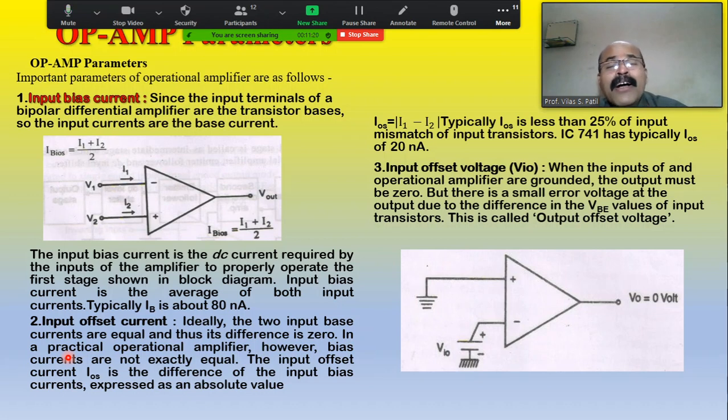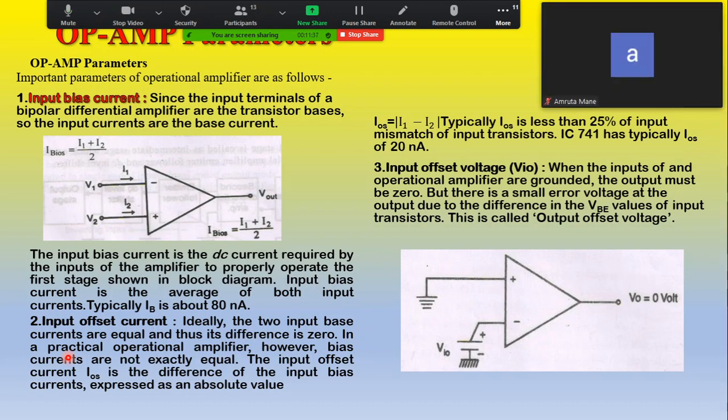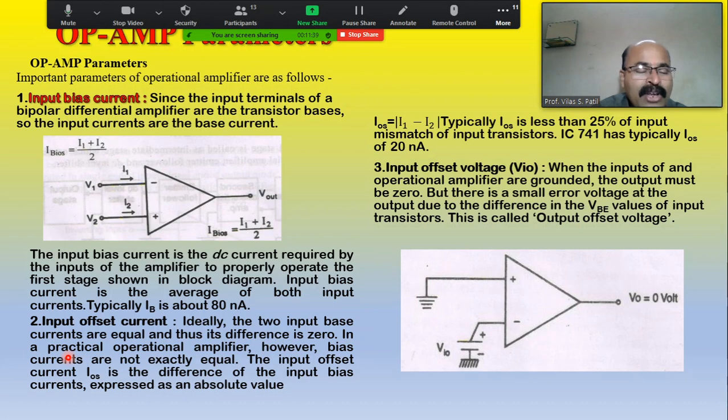If they were equal the difference would be zero; if they are not equal, the difference will not be zero. Hence, since the base currents are not exactly equal, the input offset current IOS is the difference in the two input base currents.